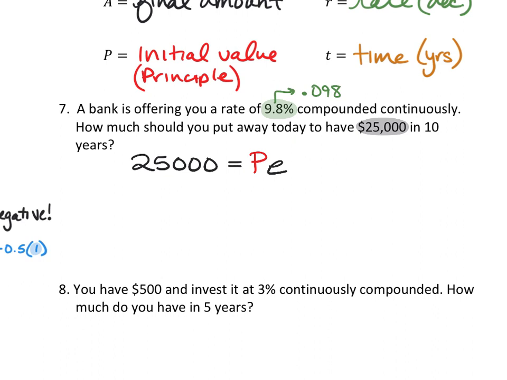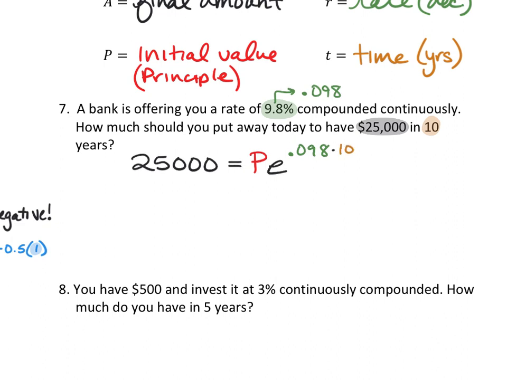Remember, Dr. Pepper rule means that if you have a percentage and you want a decimal, you move the decimal 2 times towards the D, so towards the left. So we're going to have 0.098 in my exponent. And how many years are we saving? 10 years. So you're also going to have a 10 up in your exponent.